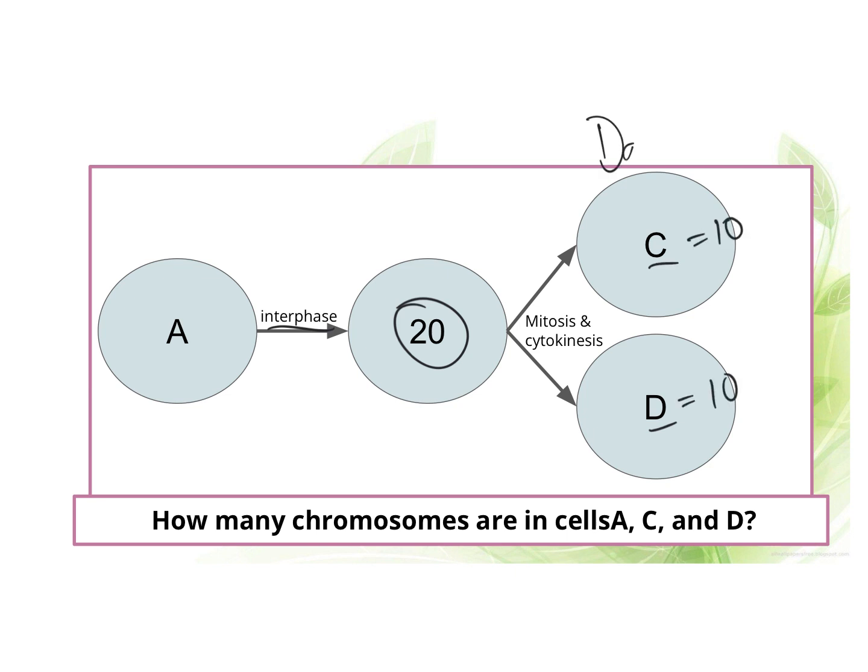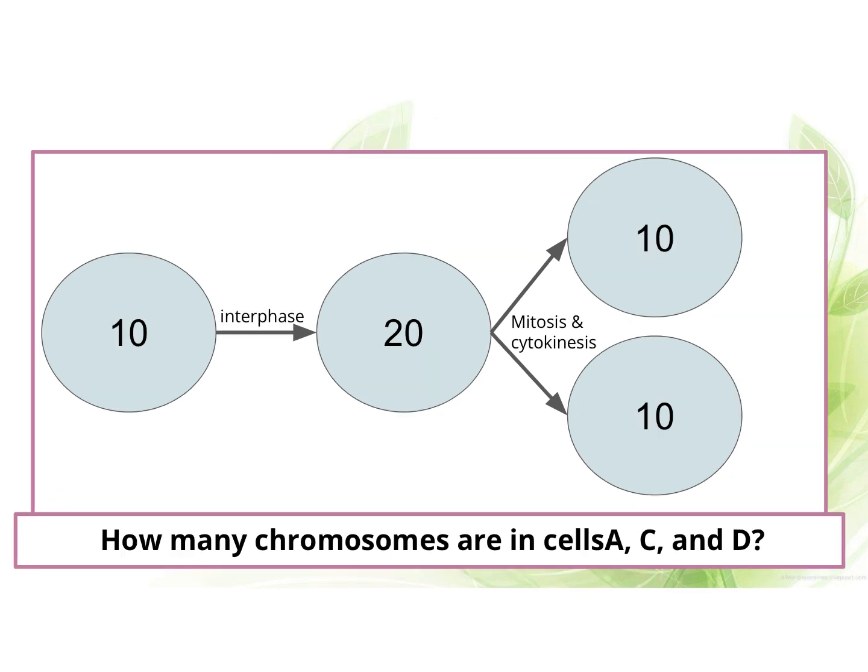Again, these are our daughter cells. The daughter cells are actually going to have the same number of chromosomes as the parent cell, because in mitosis, we result with two cells that are genetically identical. So the parent cell's also going to have 10 chromosomes. That's how we would finish out that one.